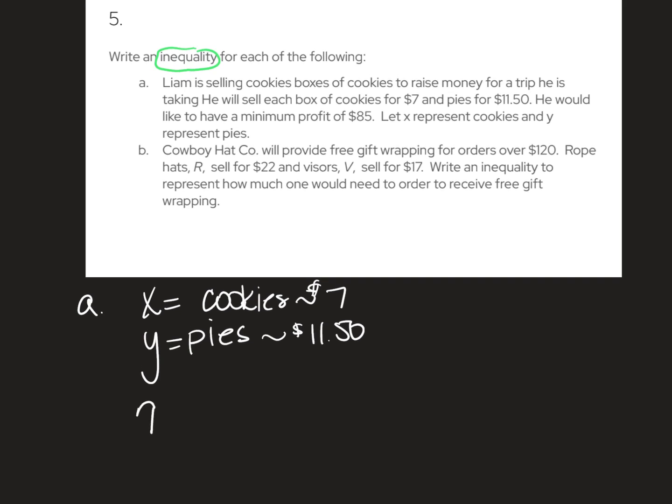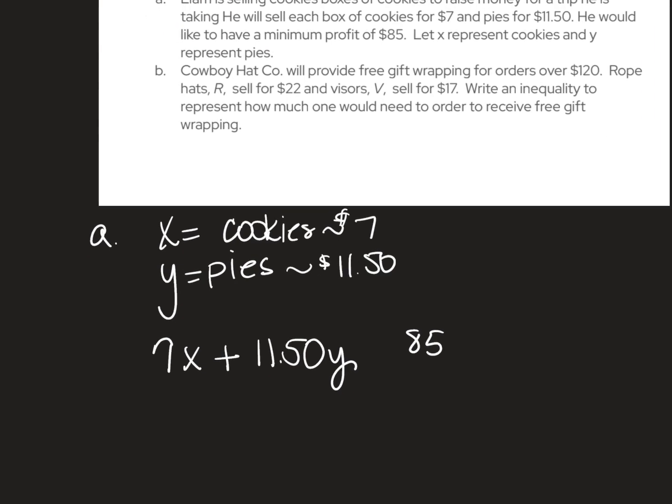So 7x, that's my cookies, plus all the pies that I sell, so $11.50 y, and I need a minimum profit of $85. Minimum means that's the smallest amount. I can have more, but that's the smallest amount that I'm raising. So this needs to be greater than or equal to 85.